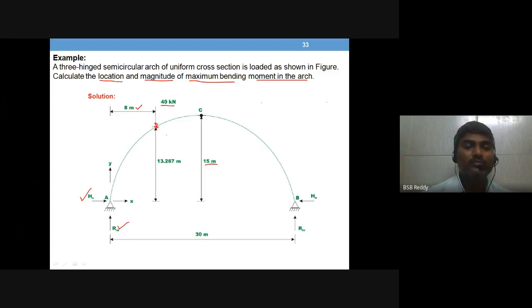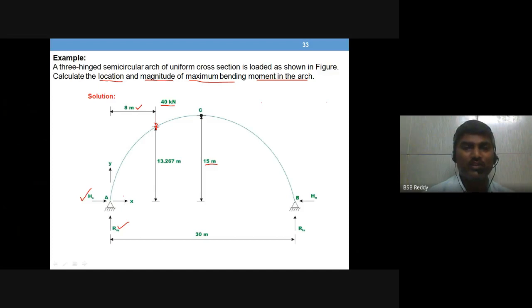So to solve for the maximum bending moment in the arch, first you need to solve for the support reactions. So if you want to get RA and HA values, you need to take the free body diagram of the entire arch and then apply equilibrium equations. This is a very regular procedure that we have already discussed, and you are familiar with it from earlier examples, and even one assignment has been solved by you.